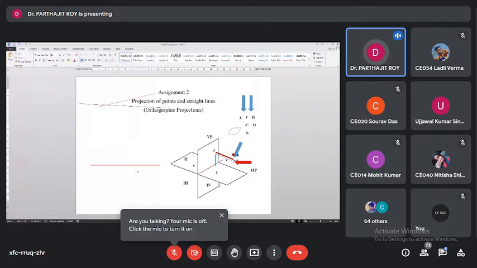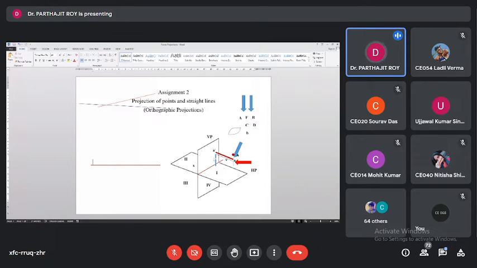Of course the color will be black, not like this.